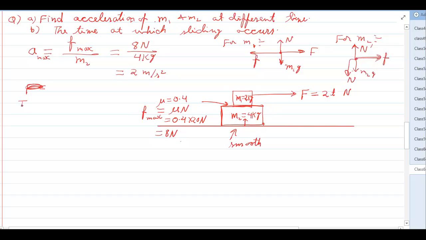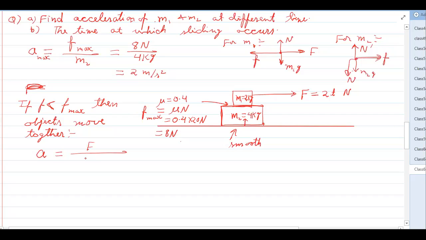So if F is less than F max, the objects move together, and the common acceleration we can write as total force F divided by total mass m1 plus m2.